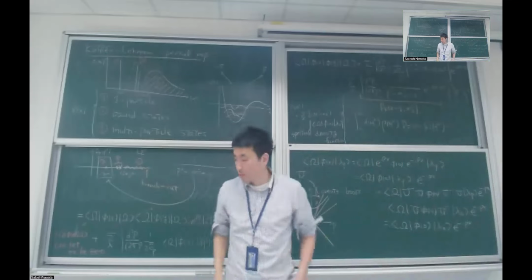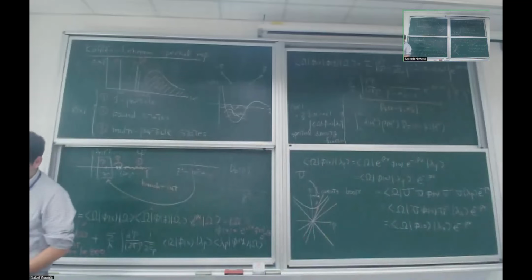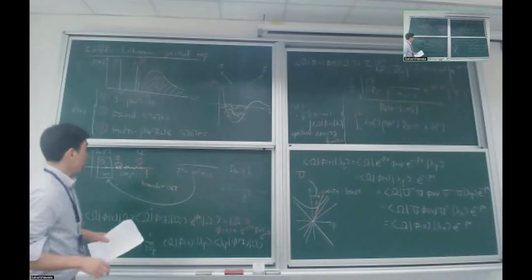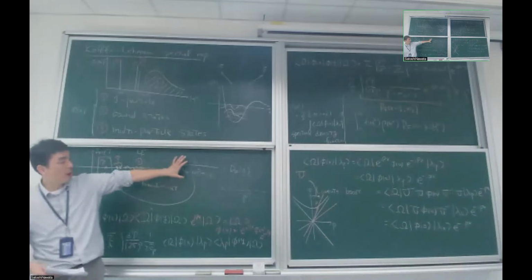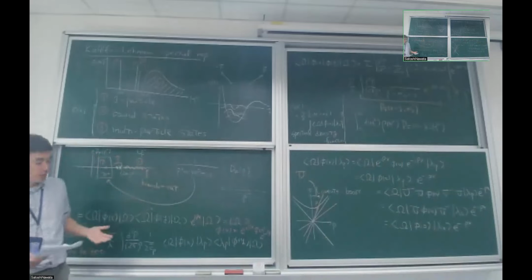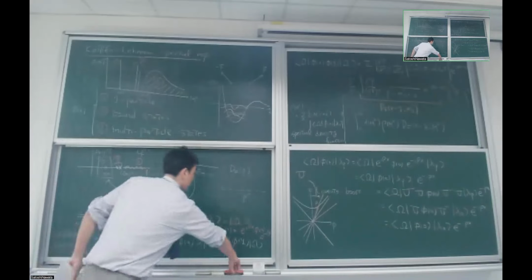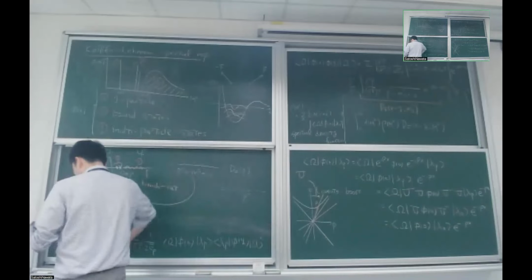Any other question? So this is called the Källén-Lehmann spectral representation. More precisely, usually we distinguish this one particle state from the others to do the perturbation theory. So what we have to do is in the following way.